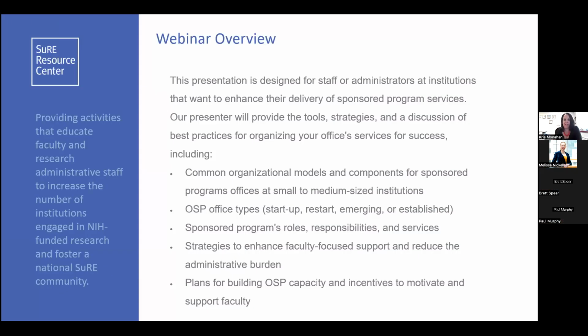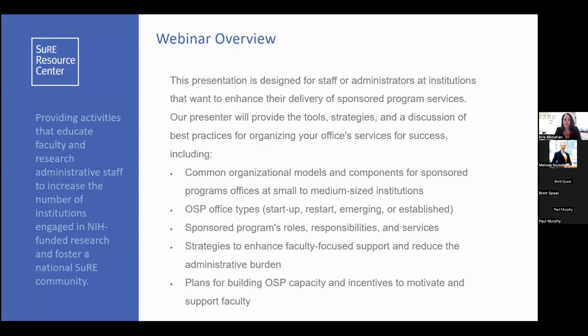Our goal today is to look at how you deliver sponsored programs at your institution, how you structure that and deliver it, discuss some different models so that you'll be able to go back and think about how you might want to do this, maybe how you might want to restart things, and importantly, how you're going to develop strategies for enhancing faculty-focused support to be able to reduce administrative burden and increase support of faculty.